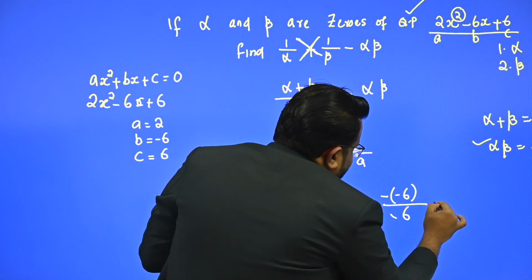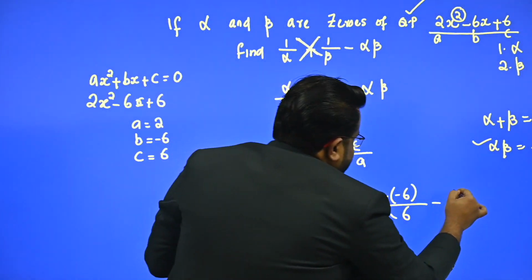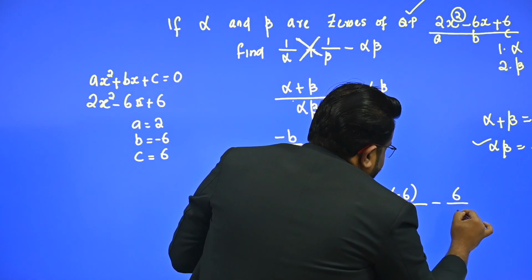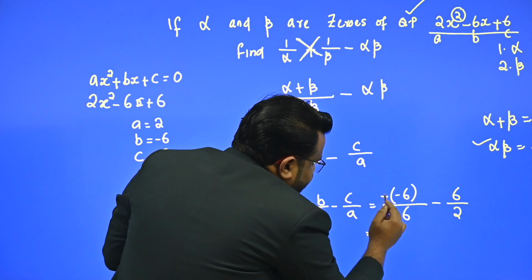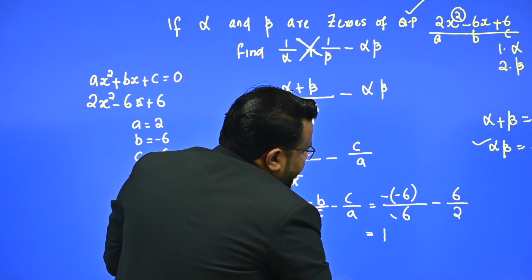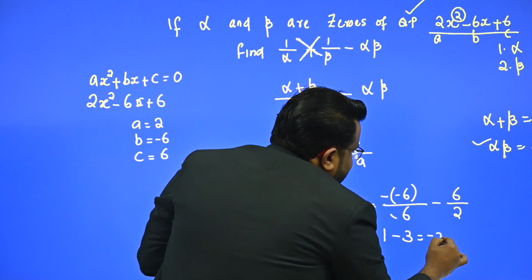Then minus c by a, that is 6 by 2. So 6 by 6 is 1, minus 3, and the answer is minus 2.